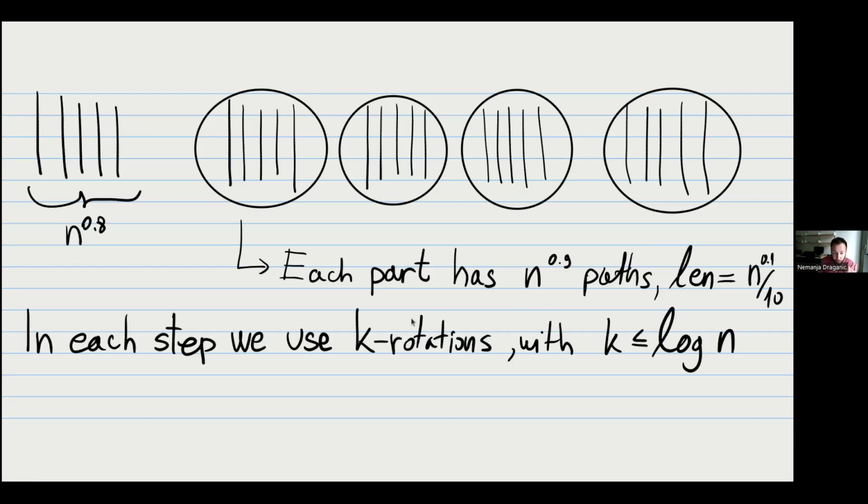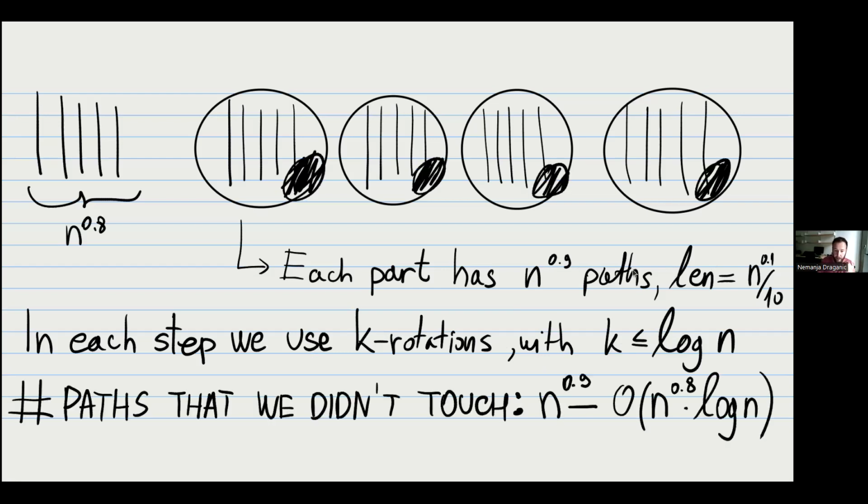And in each step, we use k rotations where k is less than logarithmic. So we only touch logarithmically many paths. So the number of these black paths which we touch is the number of steps we do, so at most n to the 0.8, times the number of paths which we touch in each iteration, which is at most logarithmic.